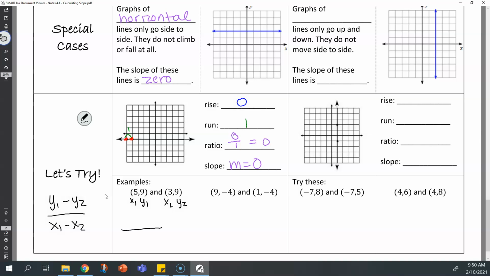So when I plug this in, y1 is 9, minus y2 is 9. x1 is 5, minus x2 is 3. 9 minus 9 is 0, over 5 minus 3 is 2. 0 over 2 reduces to 0. And when you put that in Desmos, you'll get 0 as well.